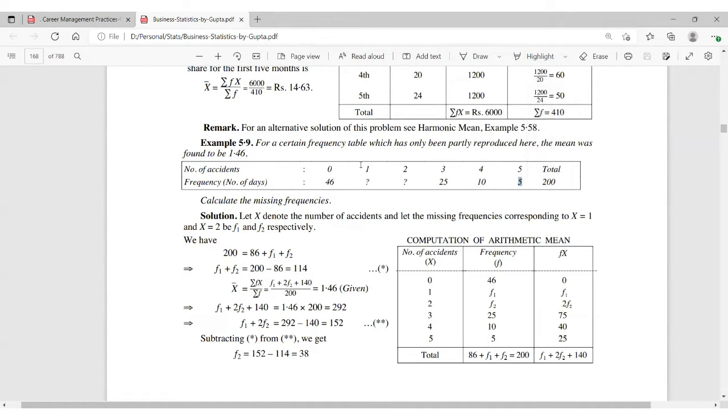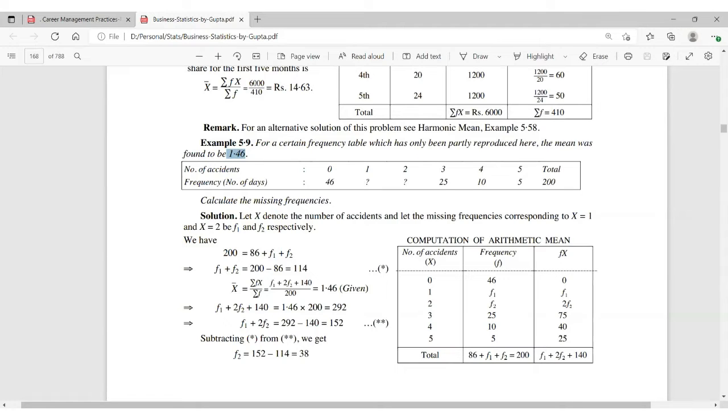So we have to find the number of days for these two. If only one were missing, I would subtract the others from the total 200 and get the number. Now two frequencies are missing, but the mean is given, the average 1.46. So calculate the mean.